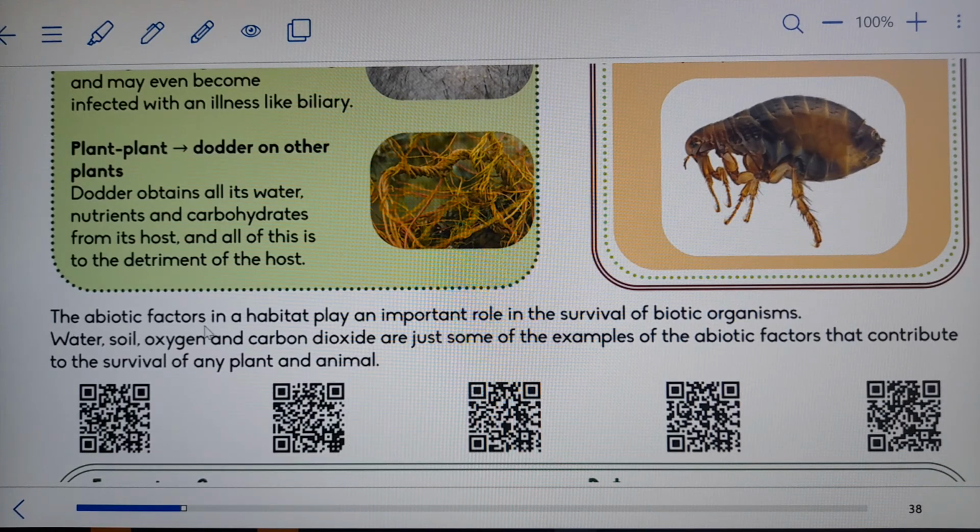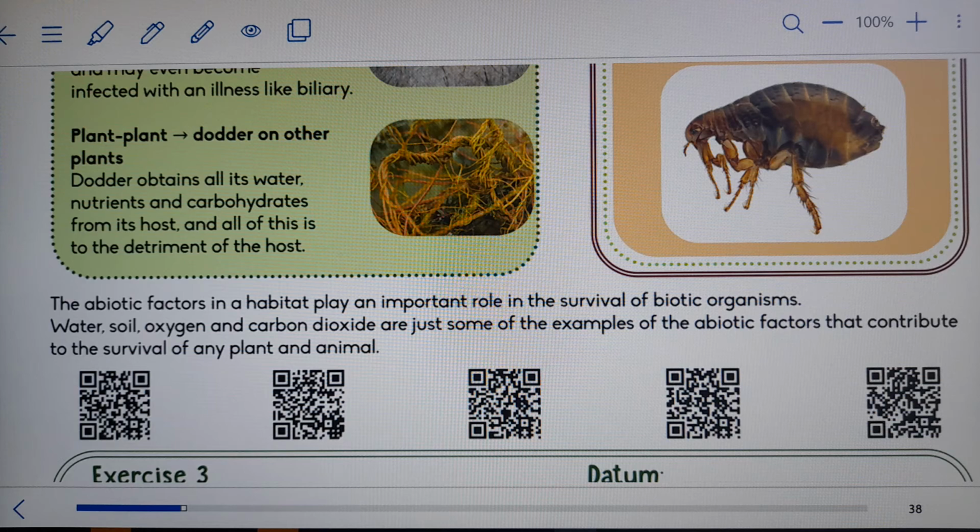They say the abiotic factors, remember abiotic, non-living, in a habitat, which is soil, water, and that. They say abiotic factors in a habitat play an important role in the survival of biotic organisms, the living organisms. Water, soil, and oxygen and carbon dioxide are just some examples of abiotic factors that contribute to the survival of any plant and animal.